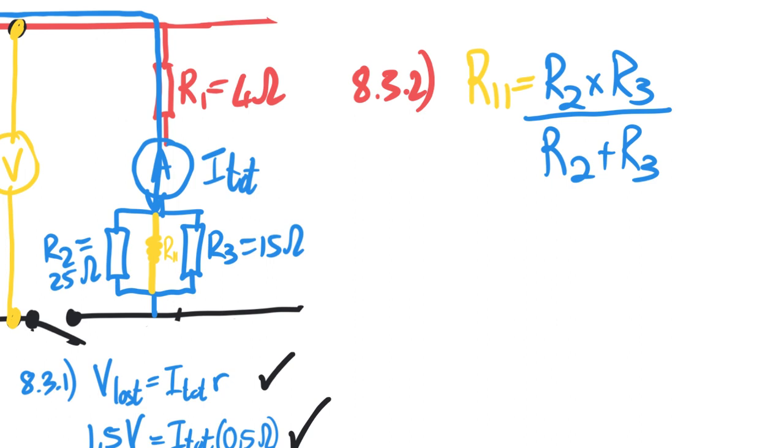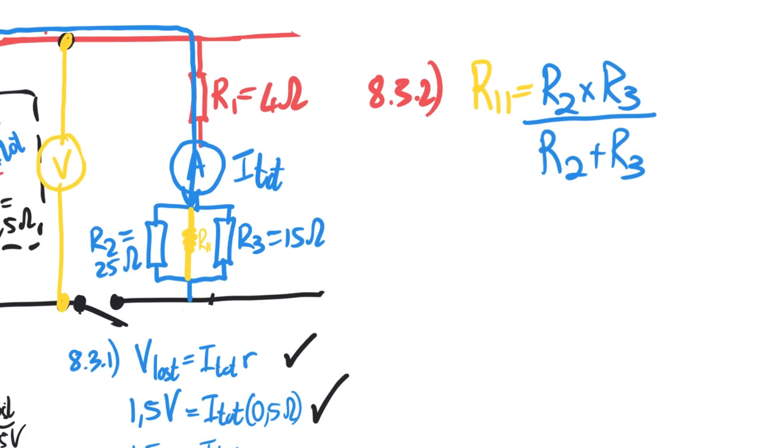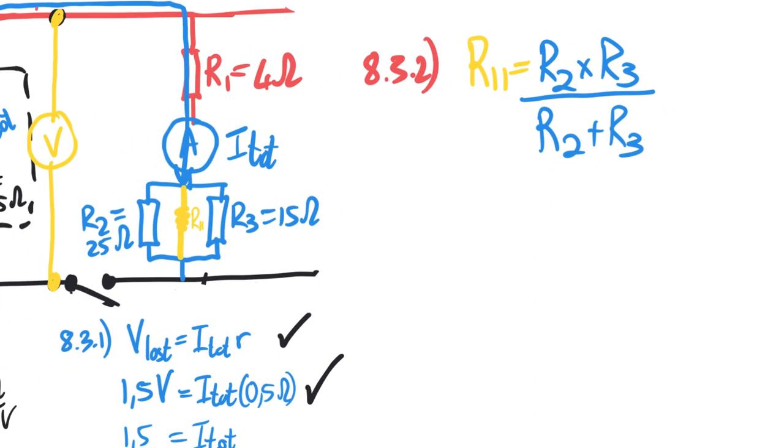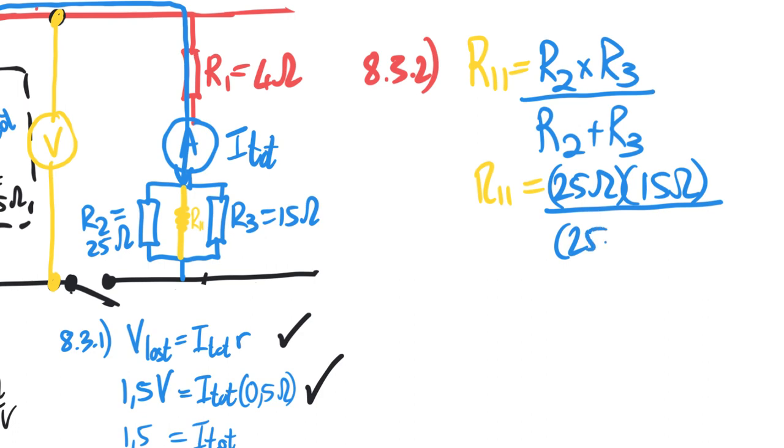But you can use this. This is acceptable. So now we've got R2 is 25 ohms. So this is 25 ohms times R3, 15 ohms, over 25 ohms plus 15 ohms.